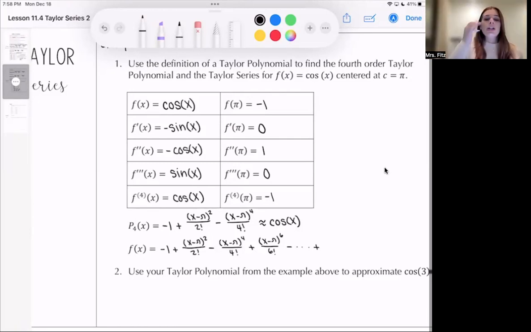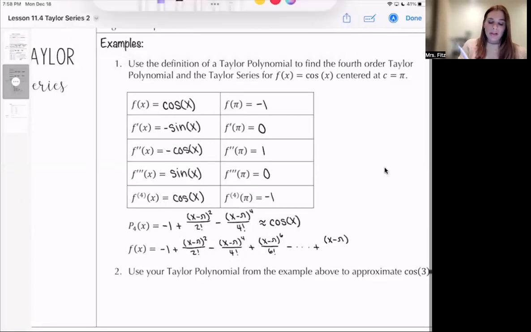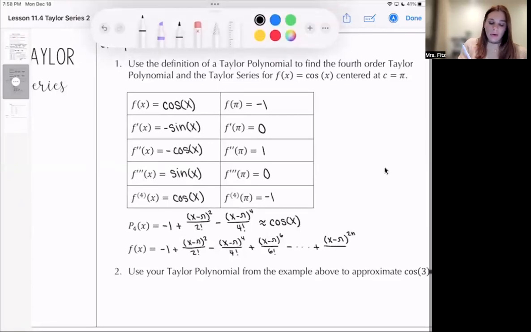And so your general term would be, now be careful, it's (x minus pi) to the, be careful, notice we're only looking at even powers. So we're going to do 2n over 2n factorial. So you can index it starting at 0, and that should work out to get you everything.